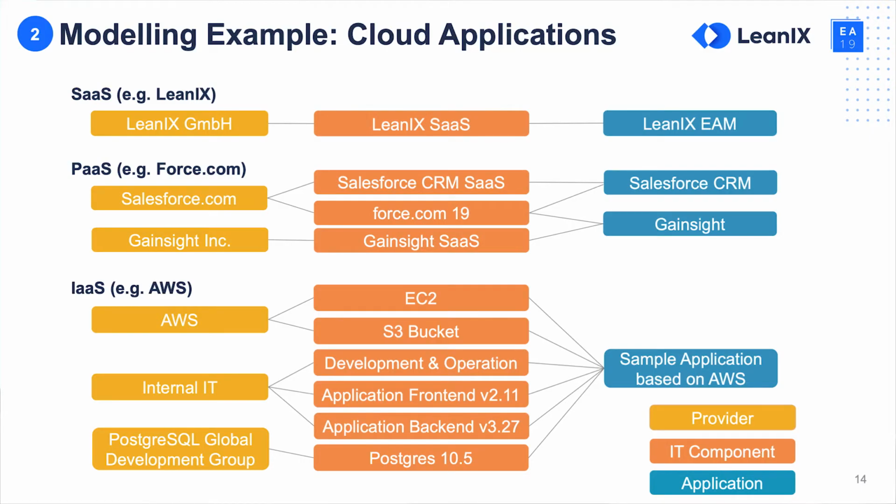So let's switch a bit into the modern world of software as a service. And I gave the example from the very beginning here. So LeanIX EAM, or however it's called in your organization, is connected to an IT component. It's connected to LeanIX GmbH.